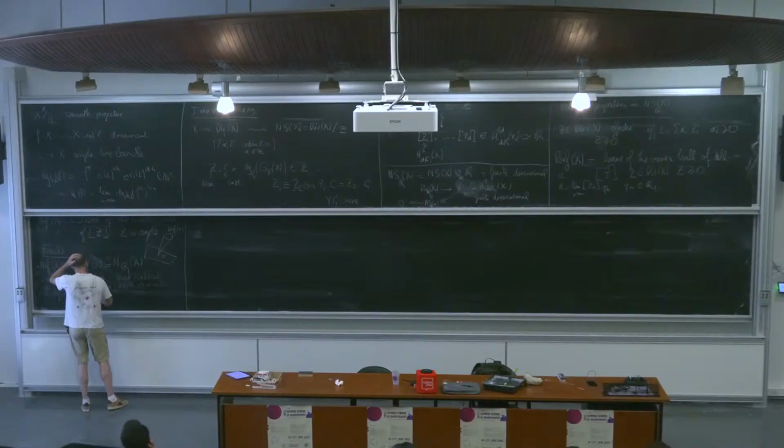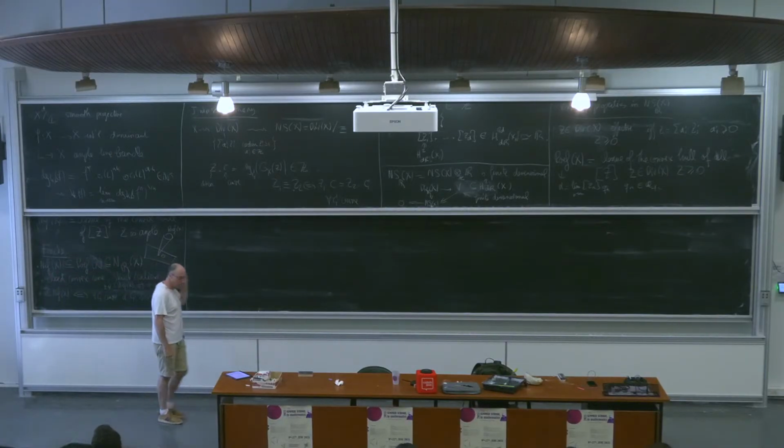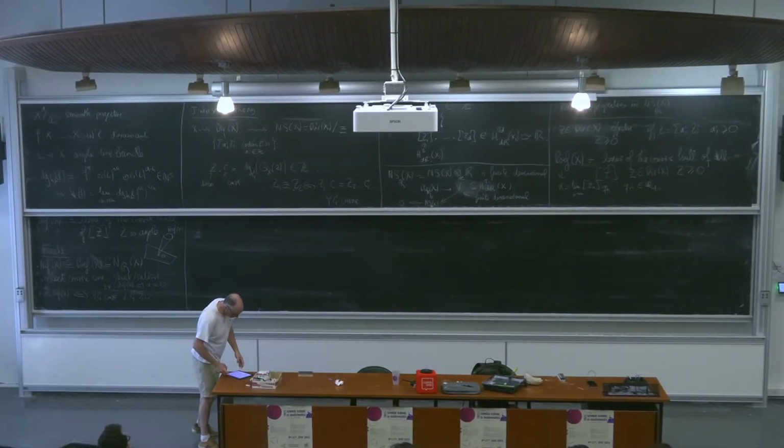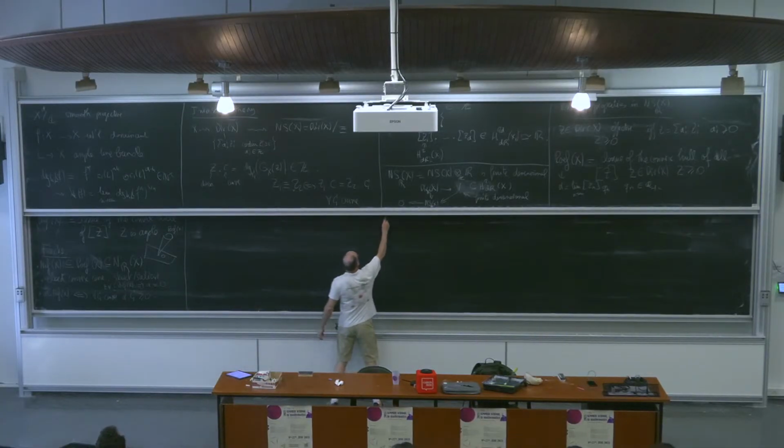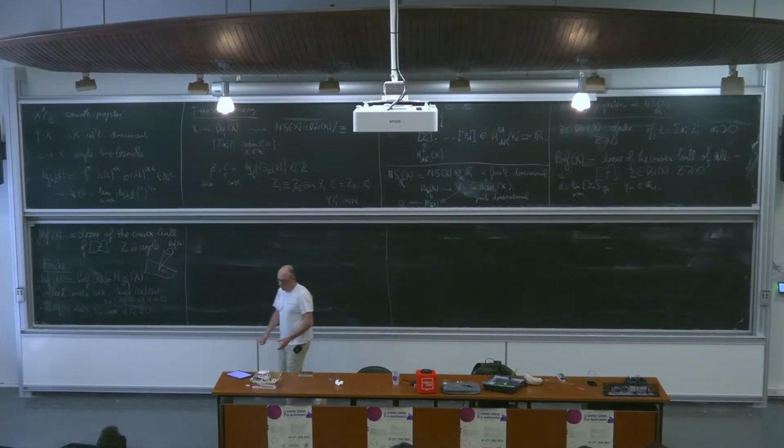So for any curve C, alpha.C is non-negative. What do I need? I need a little bit more. I need that the interior of these two cones is non-empty.